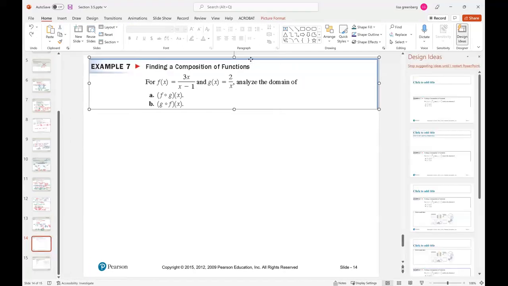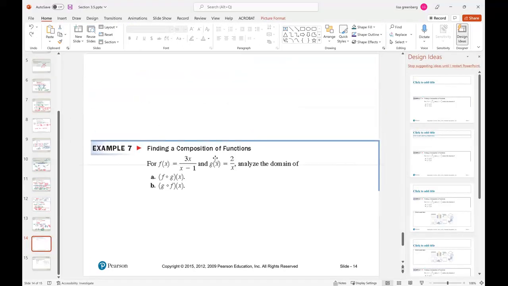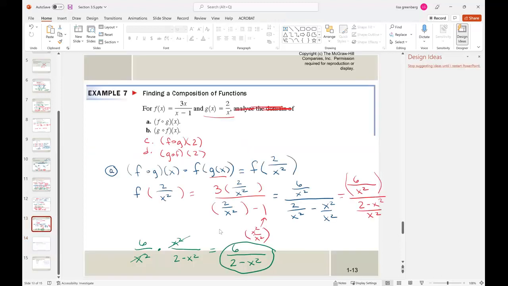Let's move it down. Okay. So I know that A, which is F of G of X, is equal to 6 over 2 minus X squared. So what is C? So let's do C, because I can just now plug 2 into there.